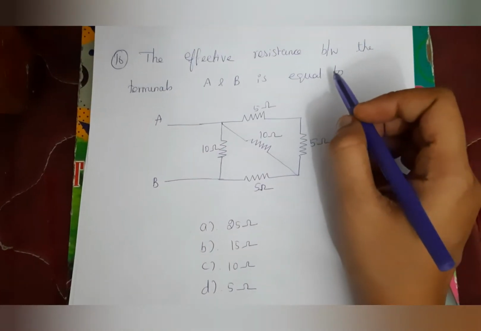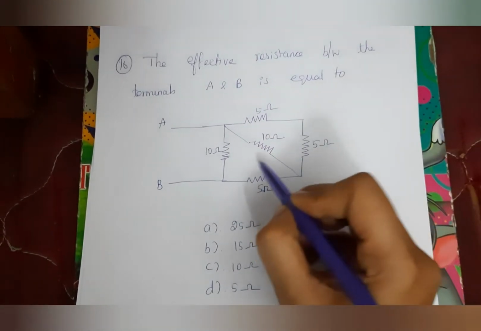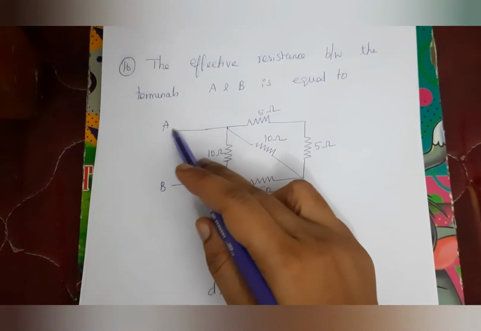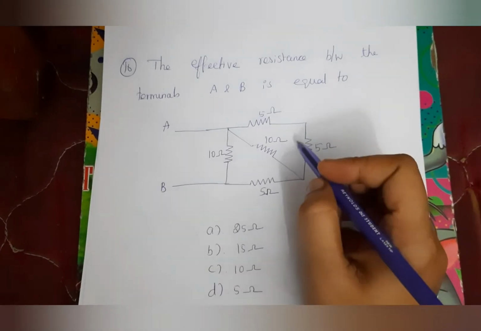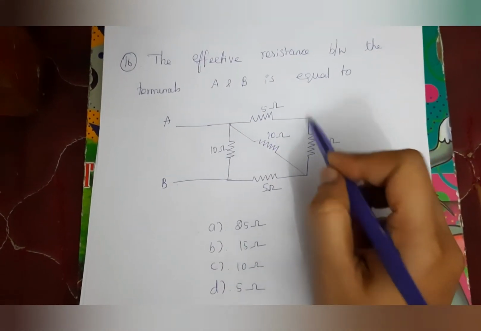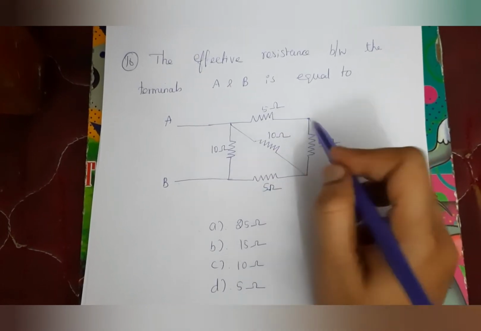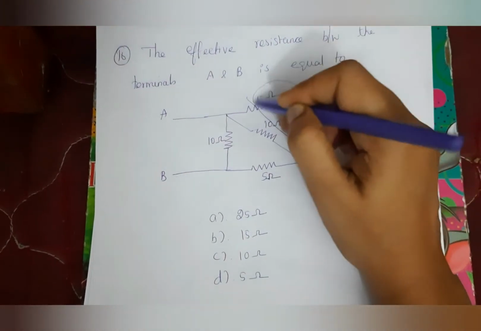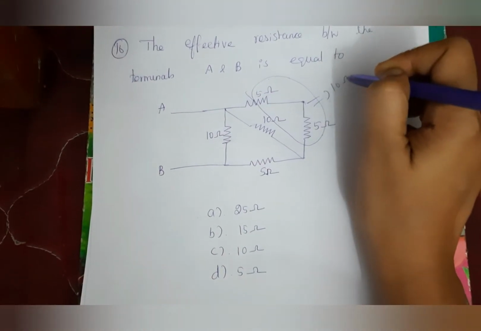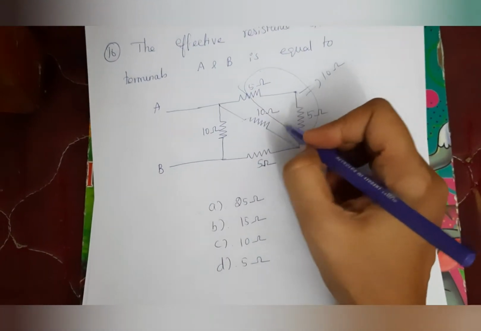Next one is the effective resistance between the terminals A and B is equal to, and we have to find the equivalent resistance between this terminal A and B. Seeing this 5 and this 5 are series connection, there is no branch, so this 5 and this 5 are in series. So reducing this becomes 10 ohm, and this 10 ohm and this 10 ohm are parallelly connected.